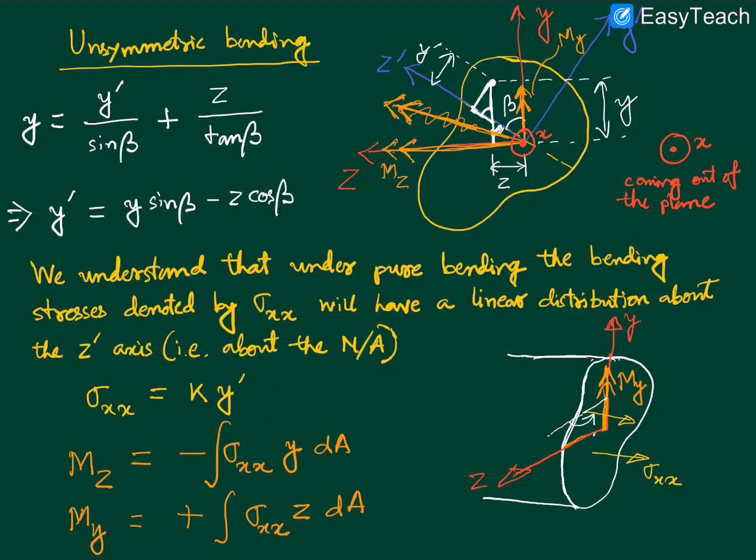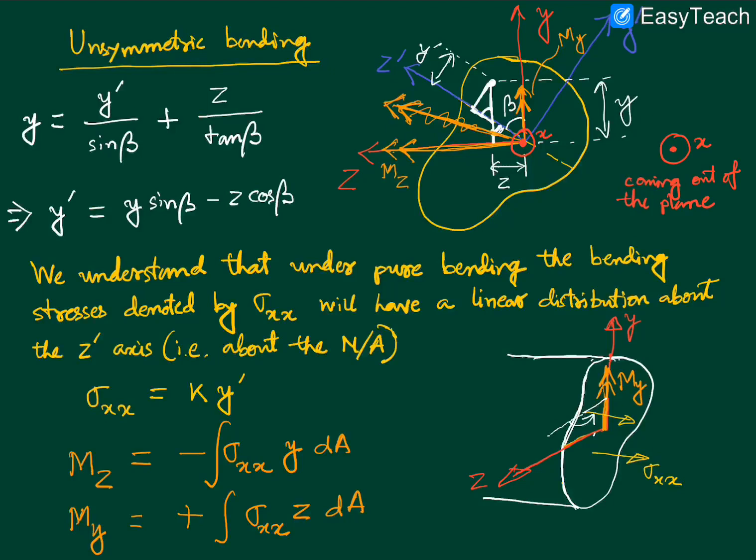The thing which we did not know about sigma xx was k, and we really did not know about the y dash also, because y dash was dependent on the orientation of z dash, and we did not know about the orientation of z dash back then, because we did not know about the orientation of the neutral axis, and the z dash is coinciding with the neutral axis.